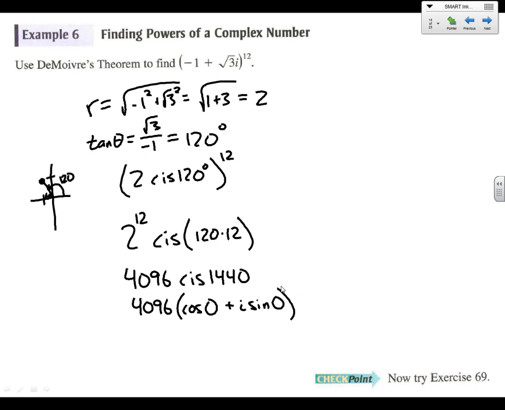At 0 degrees, cosine is 1, and sine is 0. So 4096 is all we've got. Just a real number, no imaginaries for the 12th power of negative 1 plus root 3 i.